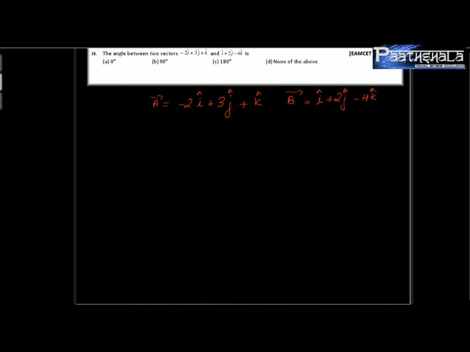Whenever we are asked to find the angle, please note that we usually use the dot product because we have to deal with only scalars and hence we don't have to manage components.